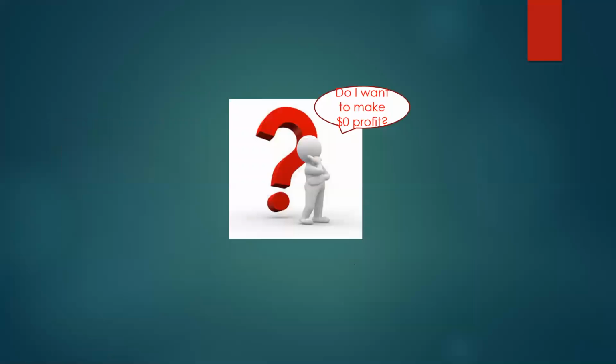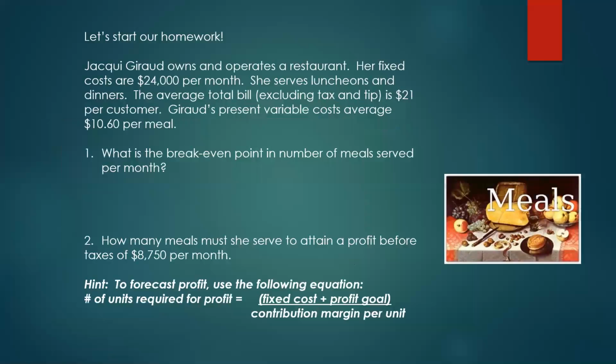But do we really want to make 0 profit? I don't think many business owners are happy making no money. So let's start a homework example. Just for this presentation, we have Jackie, and she owns and operates a restaurant, and she has fixed costs of $24,000 a month. She serves luncheons and dinners.